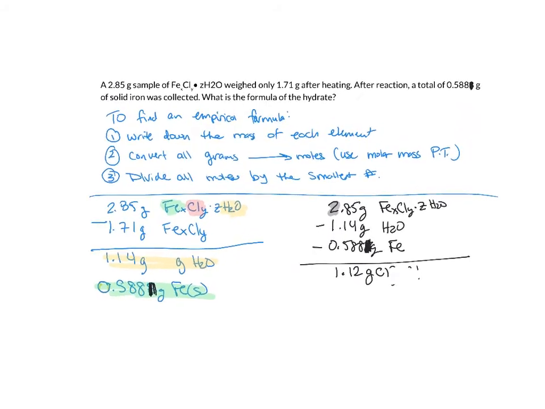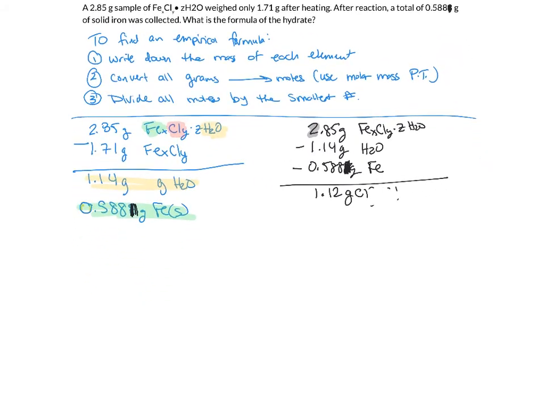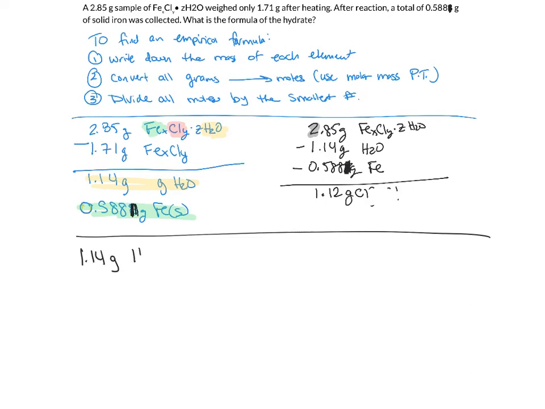So now I can start this empirical formula problem. I have 1.14 grams of water, 0.588 grams of iron, 1.12 grams of chlorine. That's step one, write down all masses.